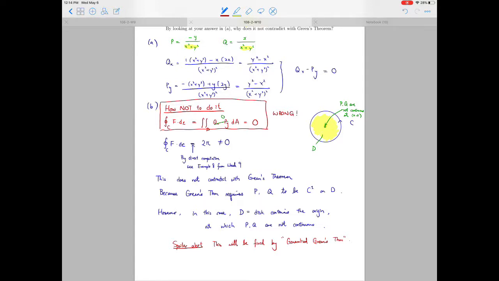Especially when P and Q are not continuous at some point, you need to make sure that your region does not contain those points of discontinuity. For example, in this case, P and Q are not continuous at the origin, but the disk contains the origin, therefore Green's theorem cannot be applied here.